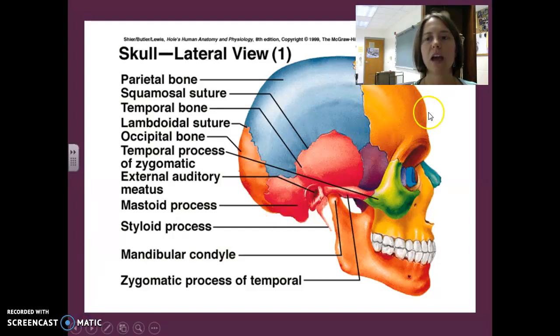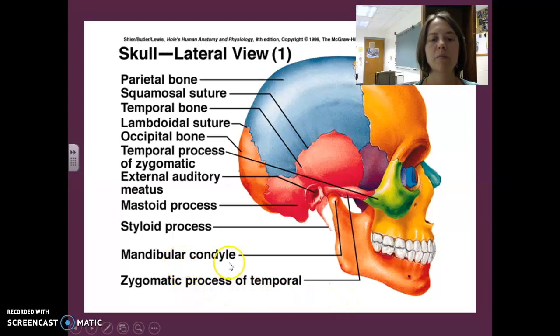So here we have the frontal bone and the parietal bone and the occipital bone, the temporal bone, and you can see a little bit of the sphenoid bone, and the ethmoid bone. There are also some depressions and projections I want to take note of.